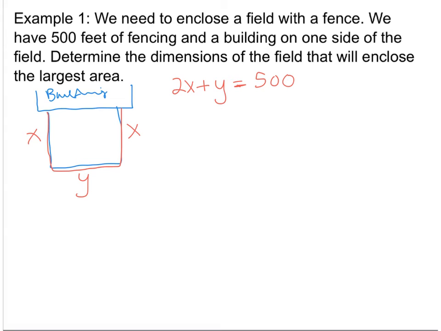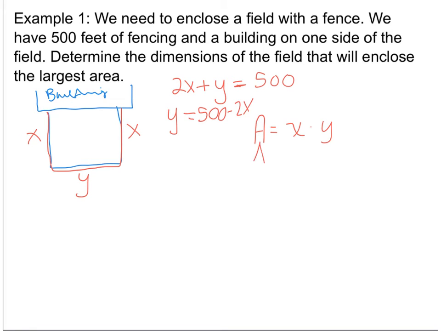It says determine the dimensions of the field that will include the largest area. All right, so I've already added the variables to my picture. And so I want to find the area. The area of this is going to be x times y. Too many variables, so I'm going to do substitution. I'm going to solve this 2x plus y for y, and that gives me 500 minus 2x.